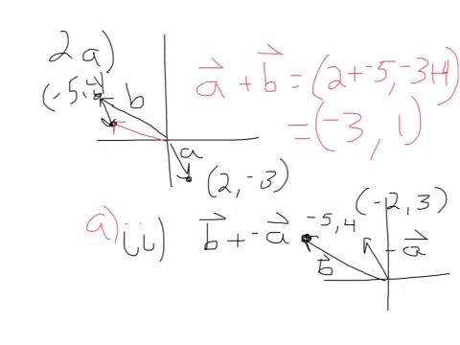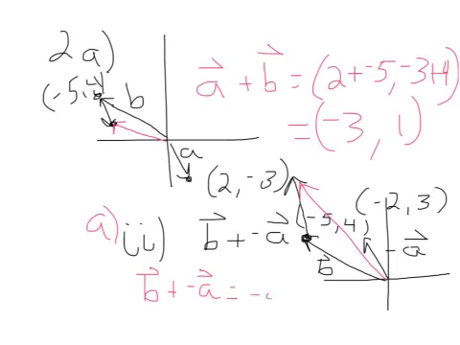So if I take vector A and move it to the tail of vector B, if I take the opposite of A and move it to the tail of B, I end up with this resultant of B plus the opposite of A. Let me start with the B vector.